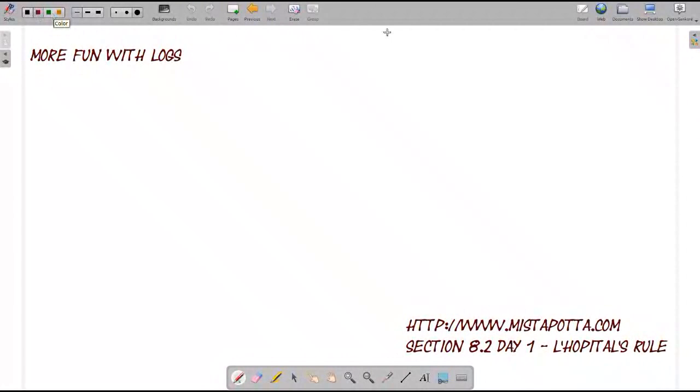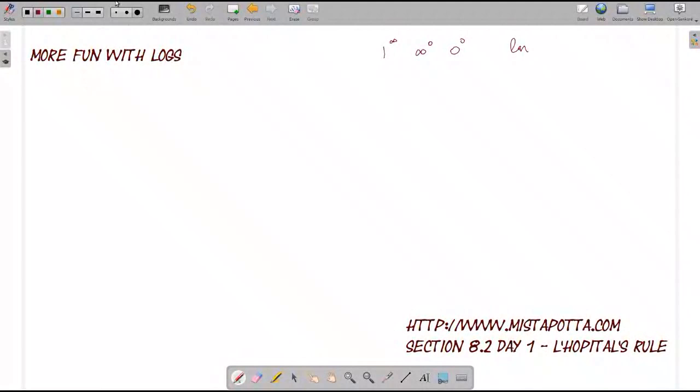By the way, all of these indeterminate forms, like 1 to the infinity, or infinity to the 0, or 0 to the 0, all of these involve using natural log to try and evaluate the limit.